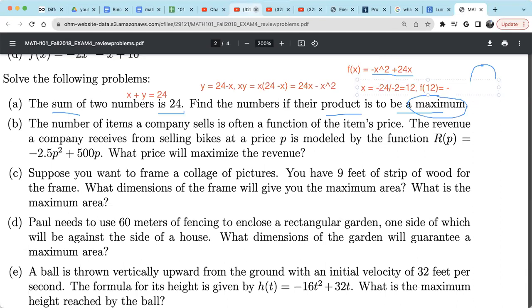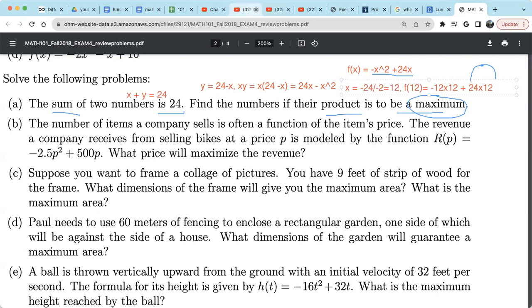We have -12 squared, 144. Then, oh, you know what? Let's not multiply together. So let's just write down -12 squared, then plus 24 times 12. Right? So -12 squared is 12 times 12.